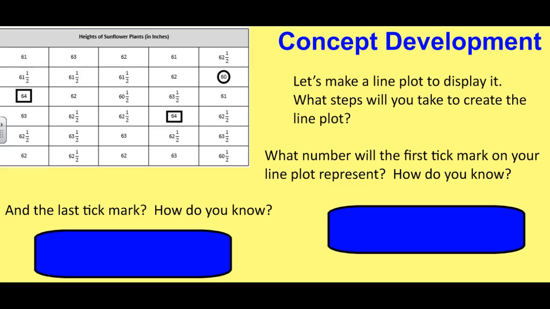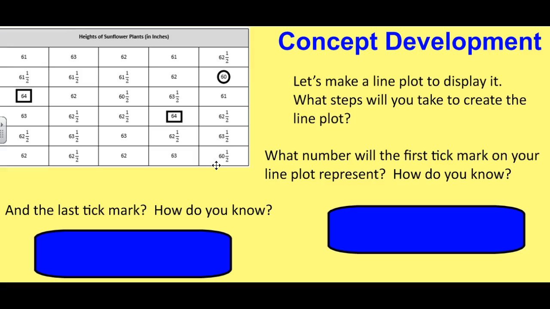Now we just have to figure out what intervals we're going to use, what else we're going to put in between 60 and 64. You really have to take a look at the fractions that are with all of these other numbers. I see halves, all halves right here. We've usually worked a lot with fourths, and now we don't see any fourths, we only see halves.